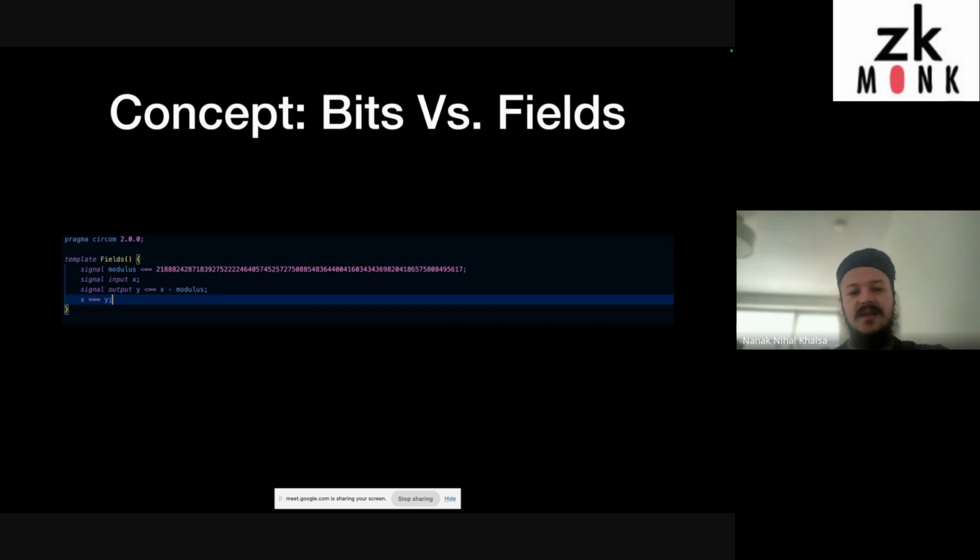We're taking an input signal that the user provides, and we're adding it to this modulus, and we're constraining that the output is X itself, right? And this is because of the wraparound. You can see that it does make sense to constrain X to itself plus this number, because we're working modulo this number. It's going to wrap around after this number and eventually just be X itself.